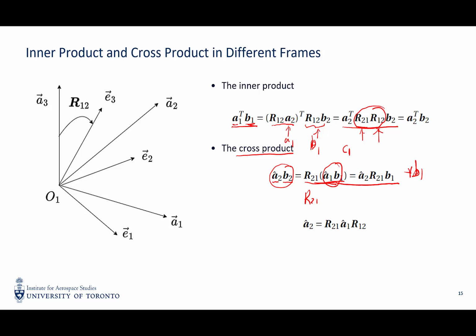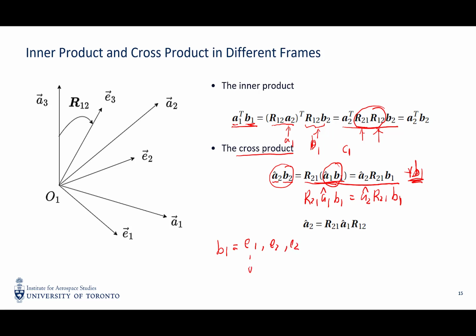So R21 times A1 hat B1 equals A2 hat times R21 B1. Because it's valid for any B1, we can replace B1 with a series of unit vectors.